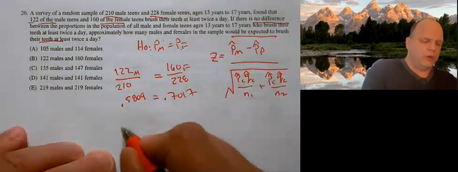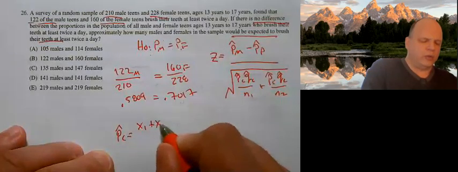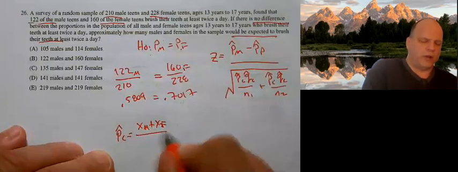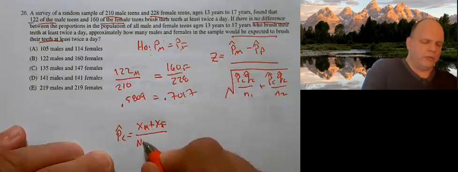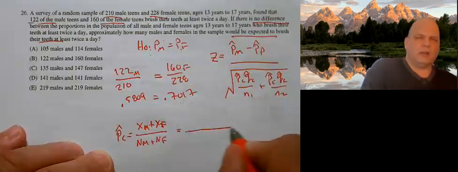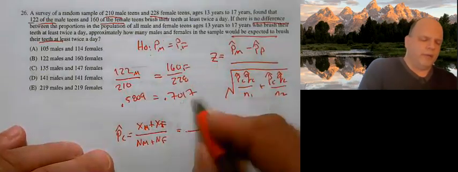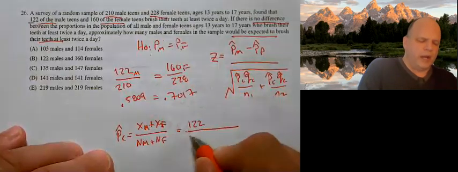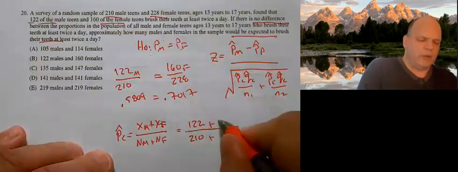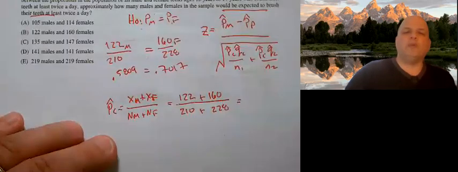Well, the combined value, P hat combined, equals X1 plus X2, or X males plus X females, over N males plus N females. When I do that, I end up going, okay, we have 122 males out of 210 plus 160 females out of 228, because this provides me my best estimate.